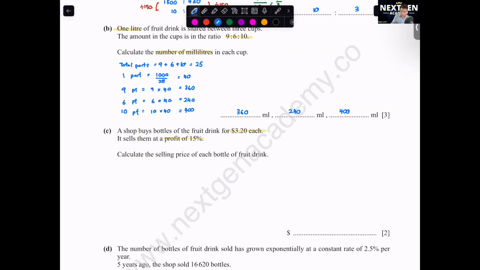You make a profit means the calculation will be 320 multiplied by 100 plus 15, means you multiply by 115%. If you want to write like this first, you're earning 15%. Your original price is 100%. So you get 3.20 times 115 over 100. Calculate this, you get 3.68.